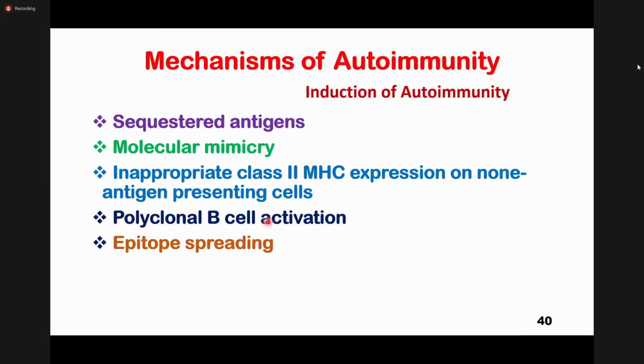There are many mechanisms, but broadly, the main classes of mechanisms that I would like to list here are these five: sequestered antigens, molecular mimicry that we talked about earlier with microbial infections, inappropriate expression of MHC on the APC cells, polyclonal B cell activation, and epitope spreading. So we'll look into each.